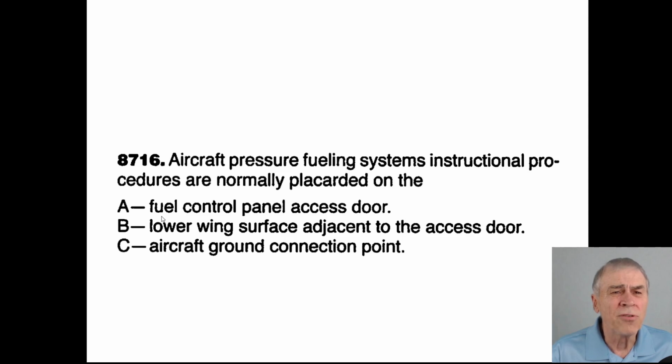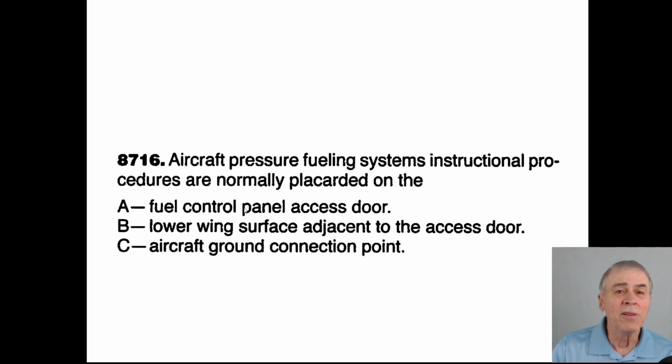So what are the options? A, fuel control panel access door. Sounds good to me. B, the lower wing surface adjacent to the access door. Well, that's not terrible either. Or C, the aircraft ground connection point. Actually, all three of them are plausible answers.